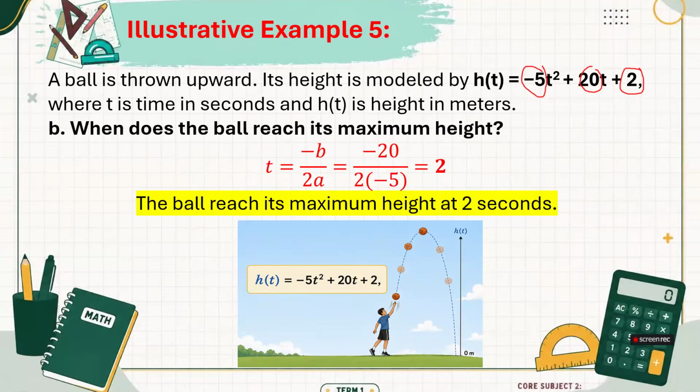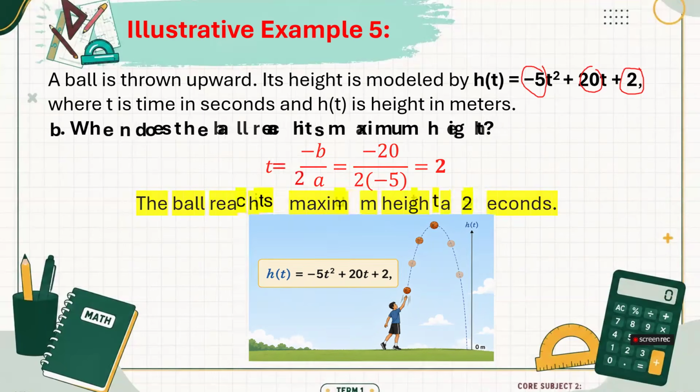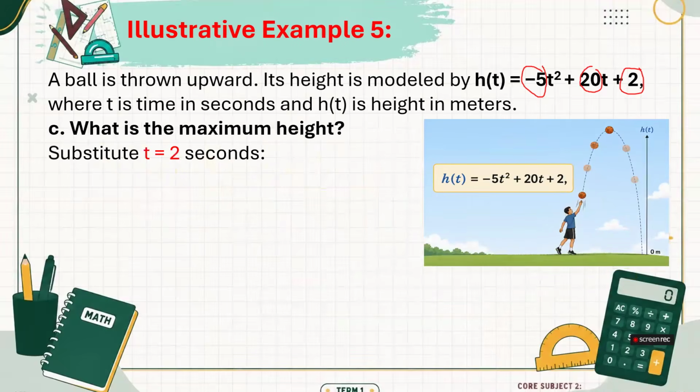We always use that formula to also get the x value. So it does not change. That's the x value of the maximum height or the maximum value. We always use the formula negative b over 2a whenever your quadratic function is expressed in its standard form ax squared plus bx plus c.